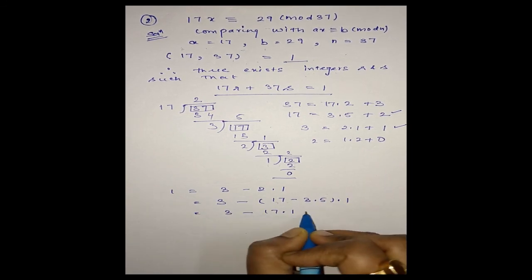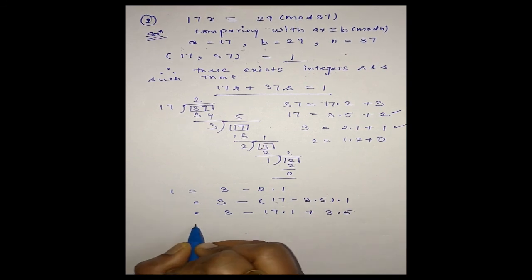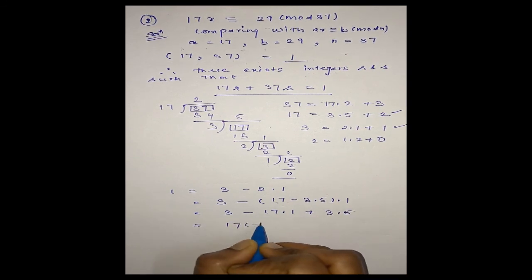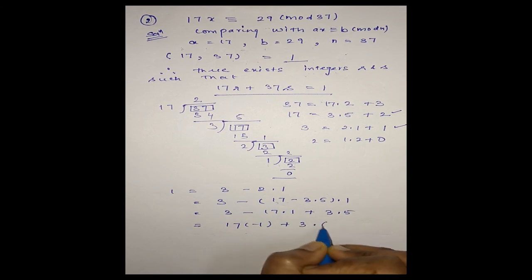minus 17 into 1 plus 3 into 5, that is 17 into minus 1 plus 3 into 6.